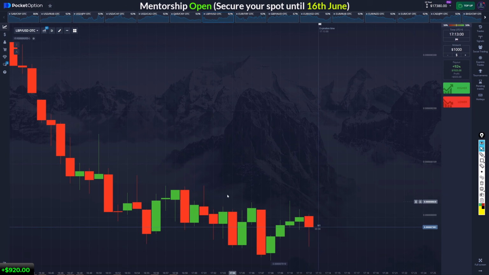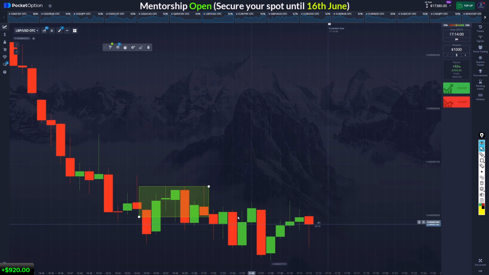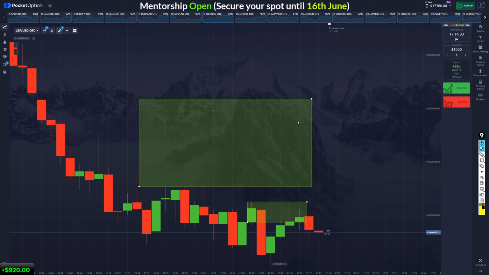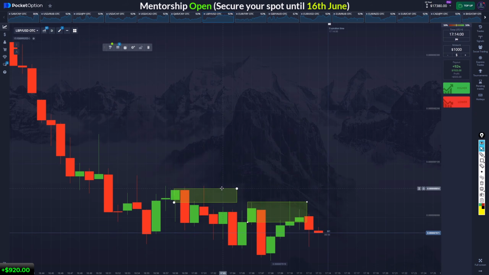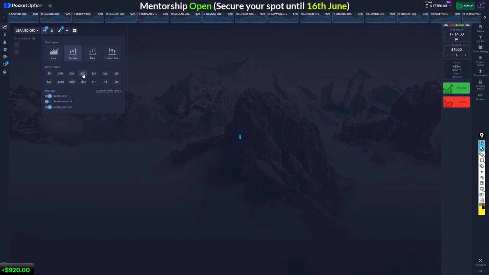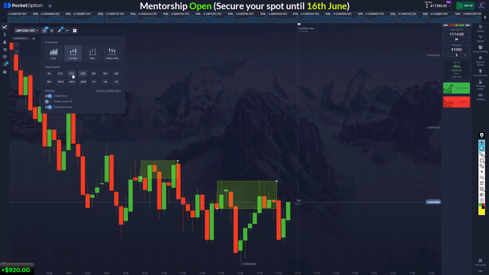For example, let's say this is supply. This supply is going to be different from this supply. In order to know what is going on inside of these supplies, basically every engulfing pattern is a supply, we need to go inside of them by going to the lower time frames.